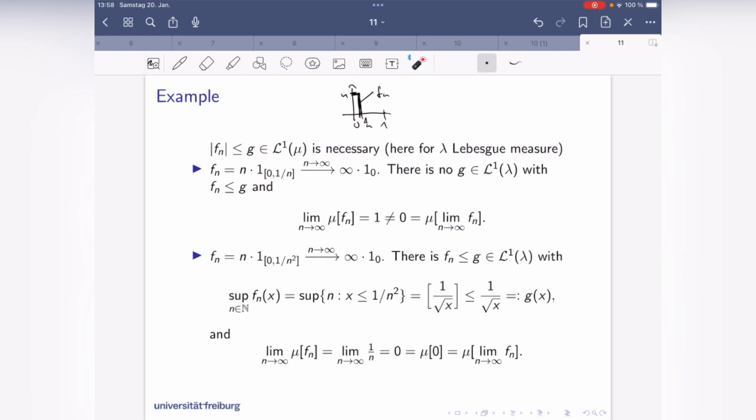And that's important now, there is no g with fn smaller or equal than g. So there's no integrable function which is bigger than all the fn's. So why is that? Let me just try to draw this in a nicer figure.